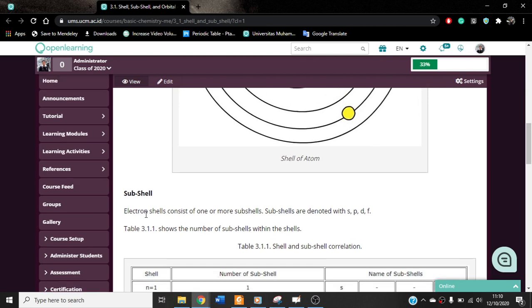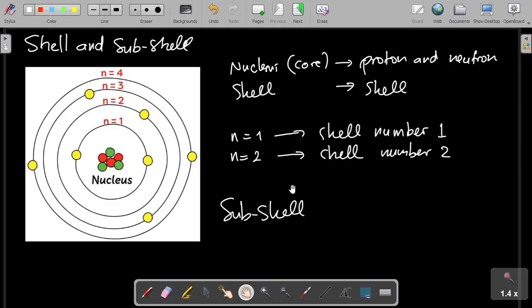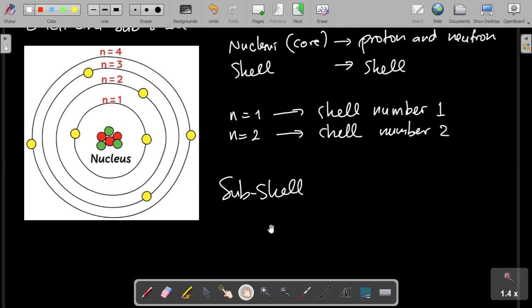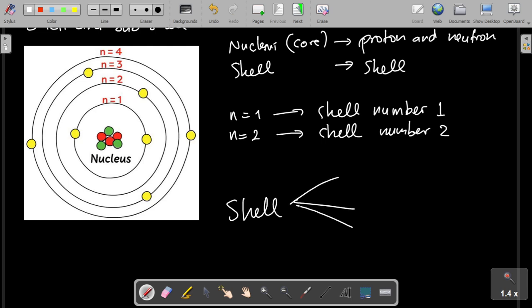Electron shells consist of one or more subshells, and subshells are denoted with s, p, d, f. So this is a shell of an atom, and a shell consists of a maximum of 4 subshells.